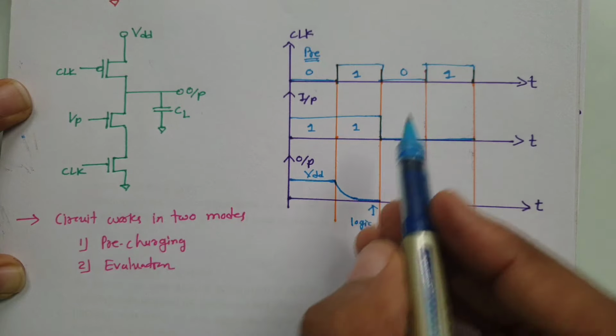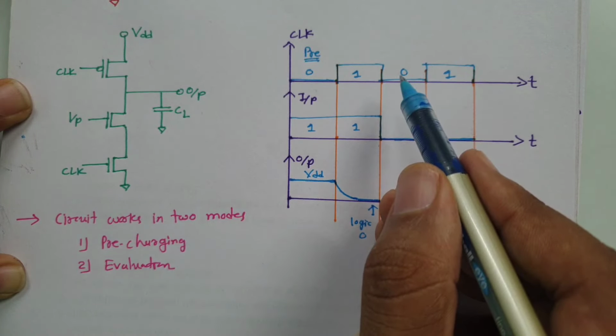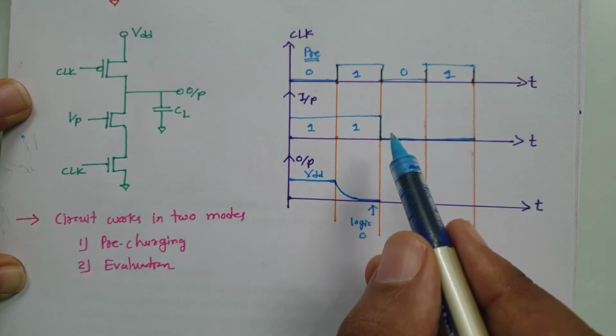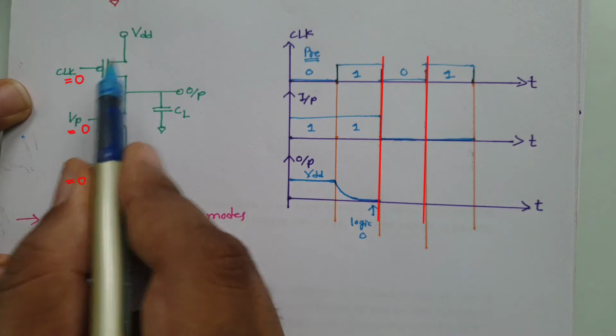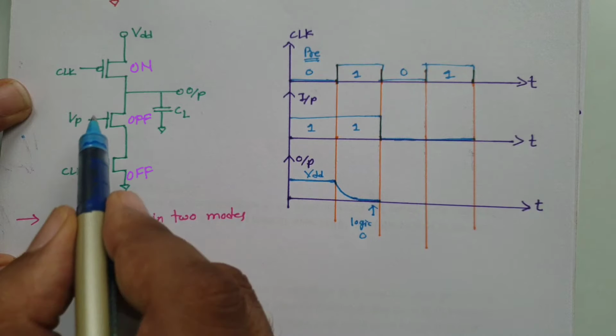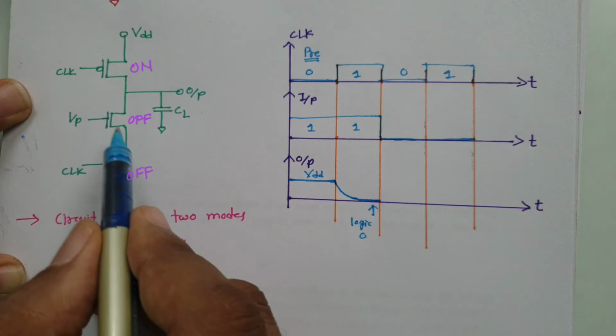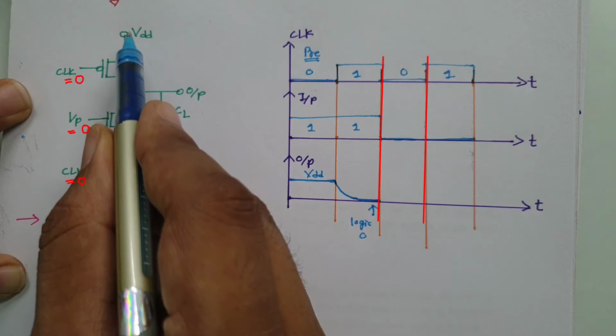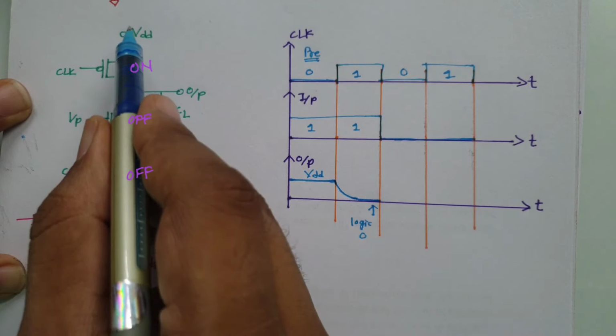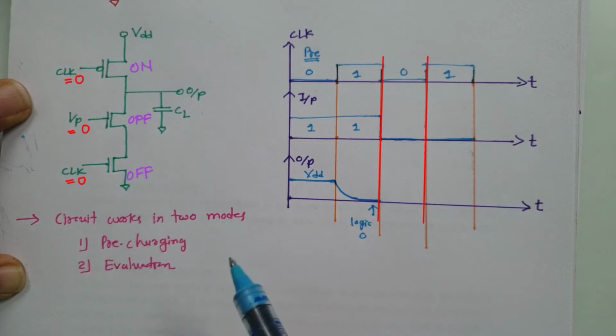Now you see, in the third case our clock equals 0 and input equals 0. When clock equals 0, this will get on and this will get off, and input equals 0, so this will also be off. So again this load capacitance will start to charge via this PMOS like this, right?